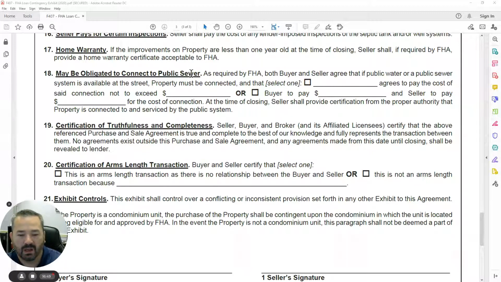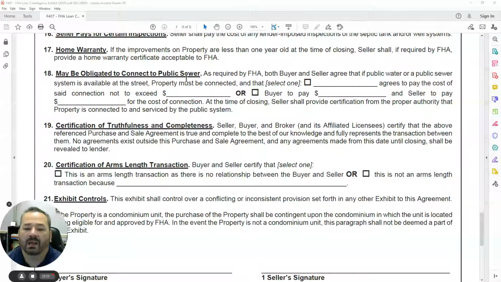So it's very rare that this is ever going to come up because two conditions have to exist. It's not on public water and not on public sewer, and public water and public sewer are available for that particular property. Usually if it's available, it's already connected. If it's not connected, it's usually because it's not available. So it's really rare this comes up.